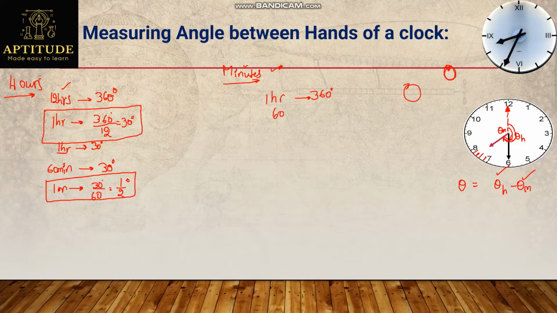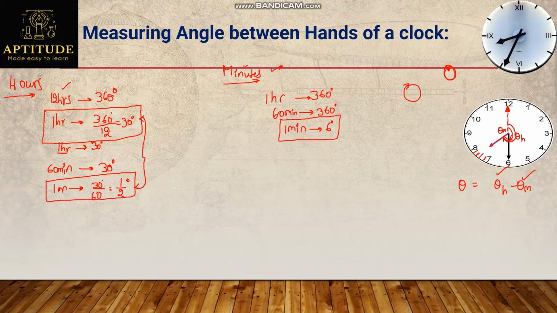So I can say the minutes hand covers 360 degrees in just 1 hour. 1 hour means 60 minutes. So it covers 360 degrees in 60 minutes, which means for 1 minute, the minute hand will cover 6 degrees, that is 360 by 60. So this angle is related to the minutes hand only, and these angles are related to the hour hand.